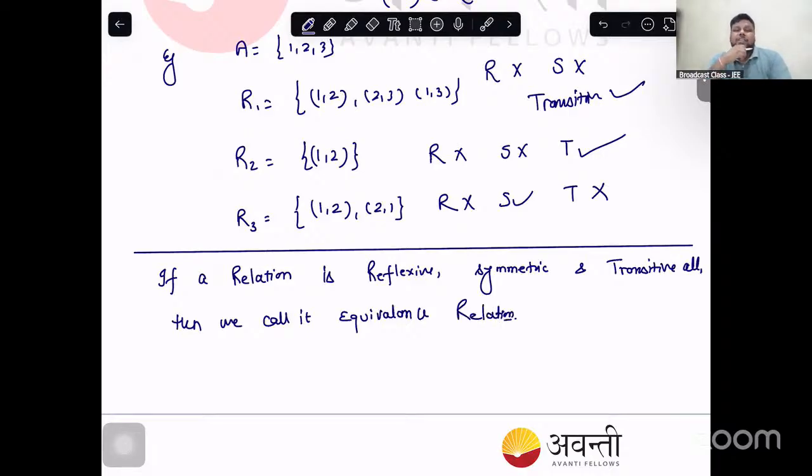If a relation is reflexive, symmetric, as well as transitive, then we call it an equivalence relation. Am I clear? Have you got my point?